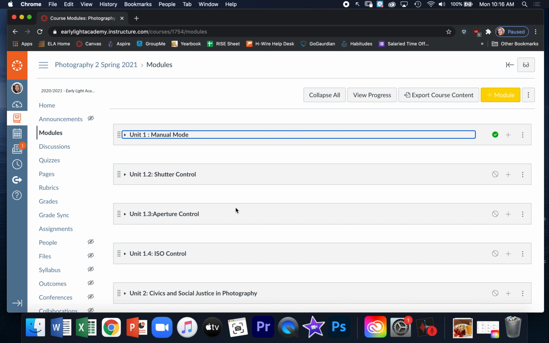That way I can explain as I take photos why I'm choosing the things I'm choosing, to help you better understand why you would make certain decisions when you're taking a photo. Like, why would you put the shutter speed at this setting? Why would you put the ISO there, right? So I'll be able to walk you through step by step how I take manual mode photos to help you get more comfortable with it and help it make more sense.